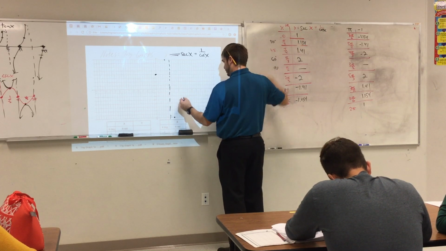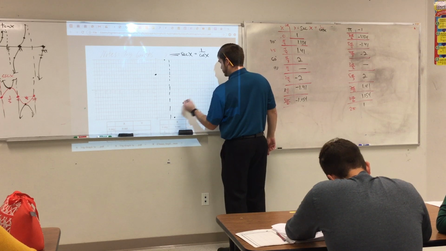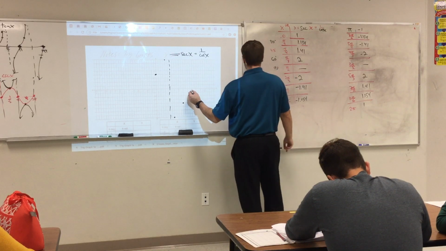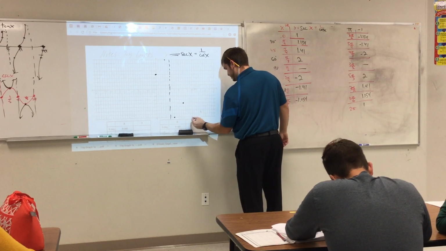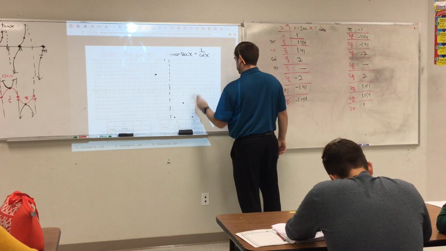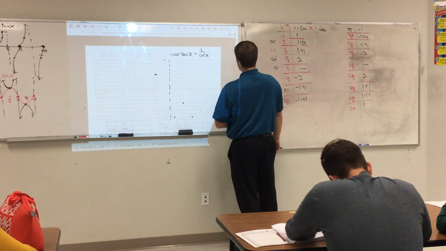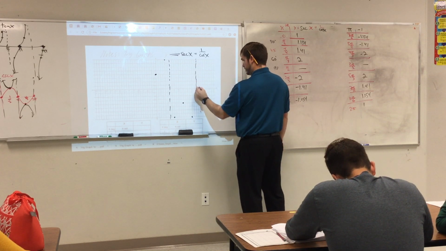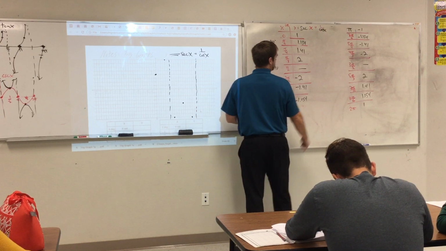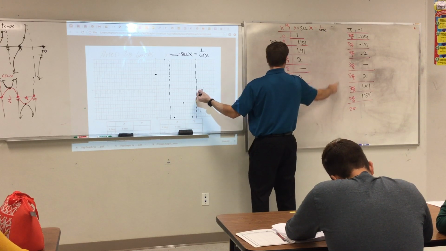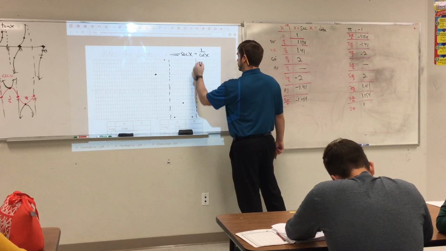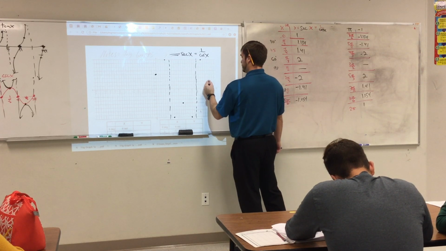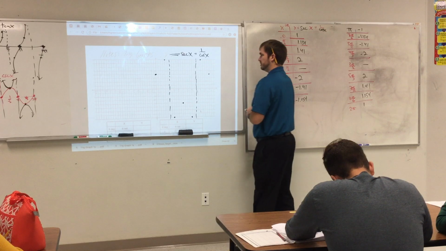At pi, we're at negative 1. 4 pi over 3, negative 2. 3 pi over 2, asymptote. 5 pi over 3, we're at 2. 2 pi, we're at 1.